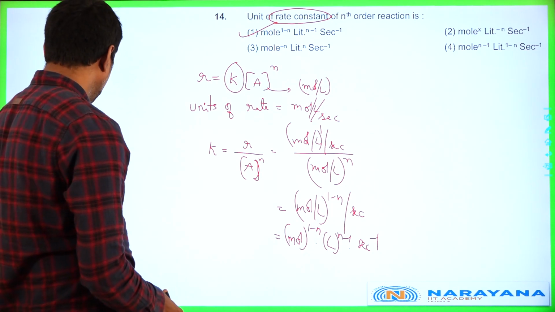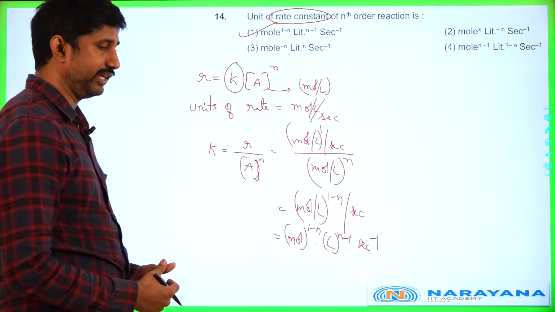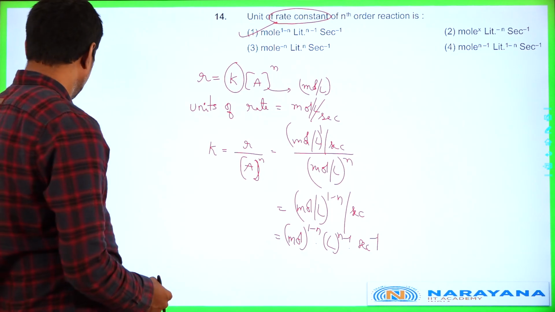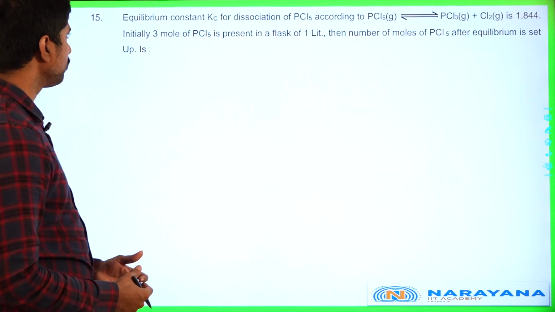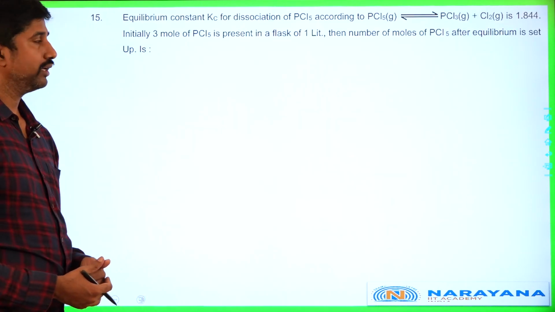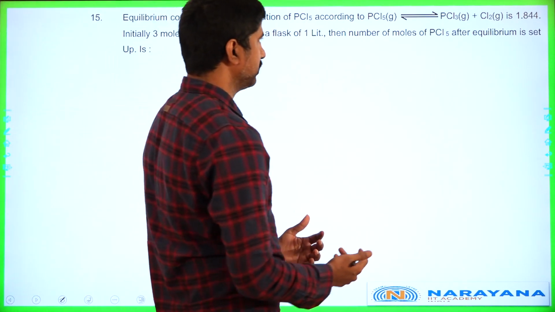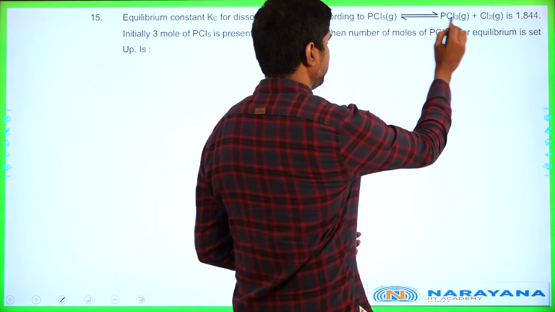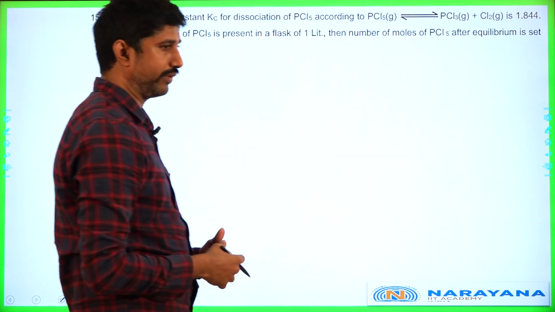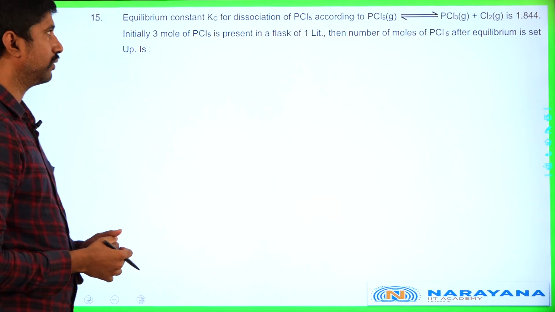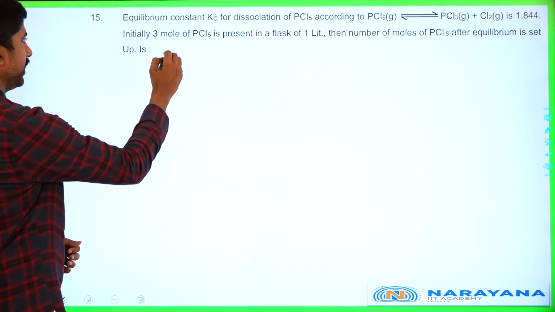So let us go for question number 15. Equilibrium constant Kc for dissociation of PCl5 according to the reaction PCl5 gives PCl3 and Cl2 is given as 1.844. So what is the given data?